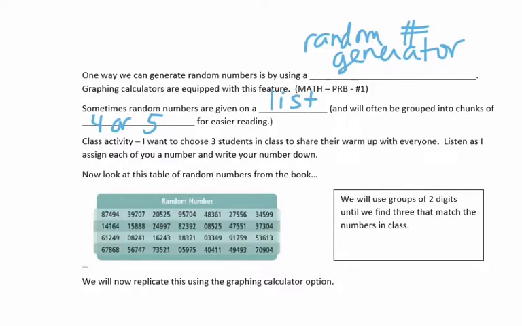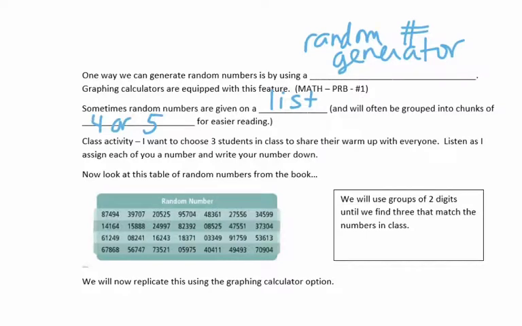You'll notice that it's grouped into chunks of 5. The chunks of 5 are just to make it easier for you to read, so you're not looking at a continuous list of numbers, which can make it very easy to lose your place. It's the same reason telephone numbers are chunked, so that you're not trying to memorize a string of numbers.